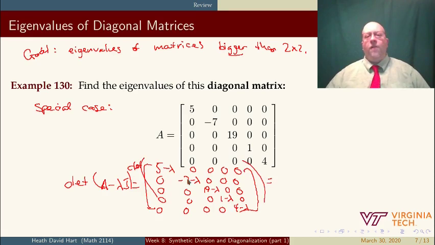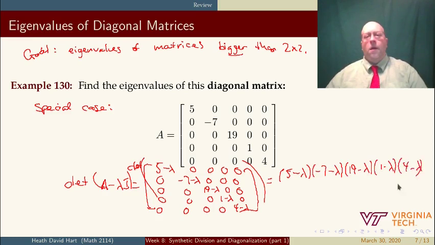Well, this matrix is in echelon form, so we can multiply down the diagonal. And then solve this equation. Well, this equation is already factored for us.